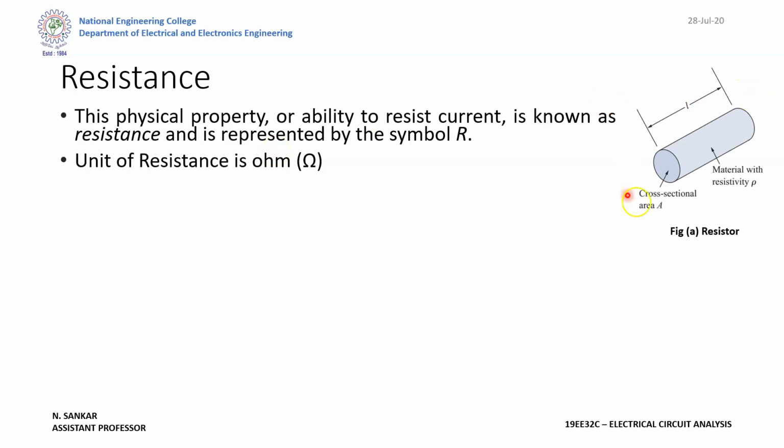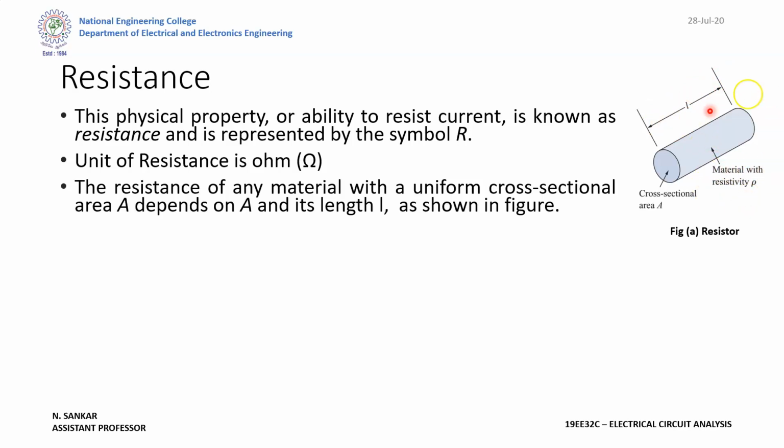Let us take a material with a cross-sectional area A, a length L, and a resistivity rho. Then the resistance depends mainly on the area and the length of the material.